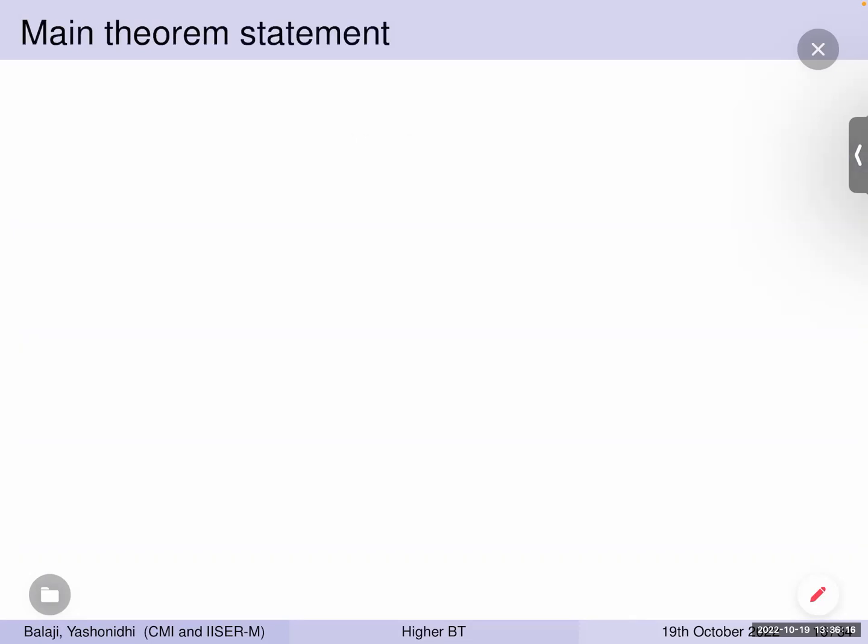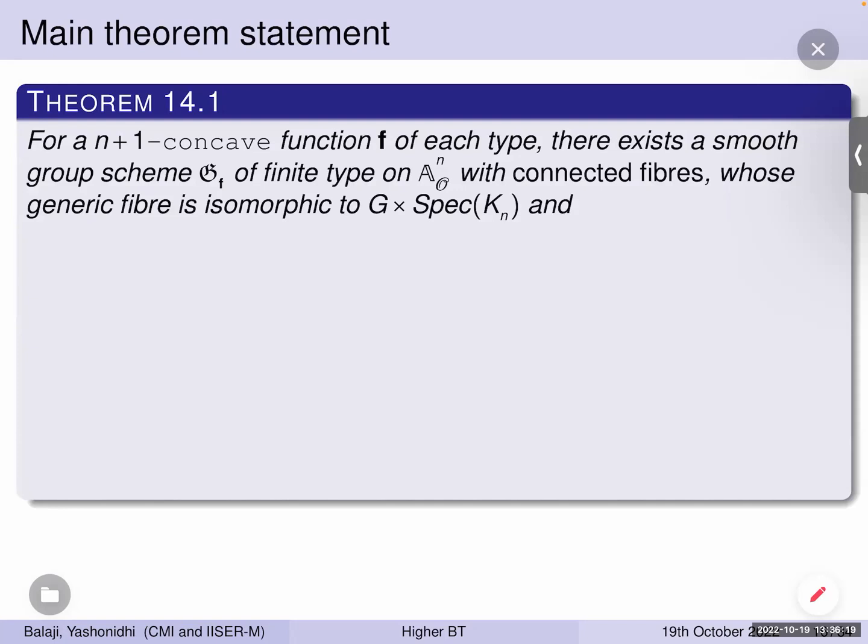Now I want to state the main theorem. For an n+1 concave function boldface F of each type, there exists a smooth group scheme G_F of finite type on A and O with connected fibers, whose generic fiber is isomorphic to G cross Spec K_n, and we have an identification of its O_N valued points with the bounded subgroup P_F that we have seen earlier.